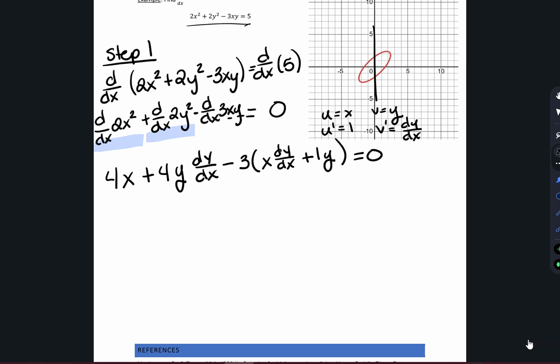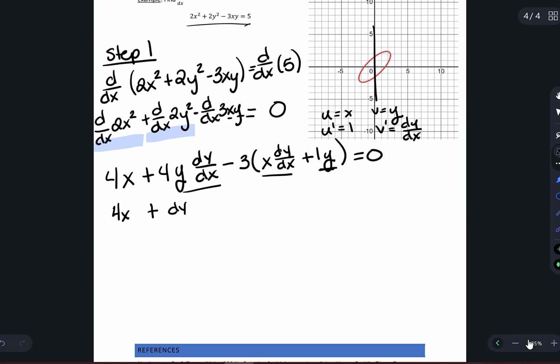So now we're going to want to go through and collect like terms and simplify. So here I've got 4x plus, now notice I've got two terms that have the dy, and then I've got one term over here that does not. So let's collect our dy terms.